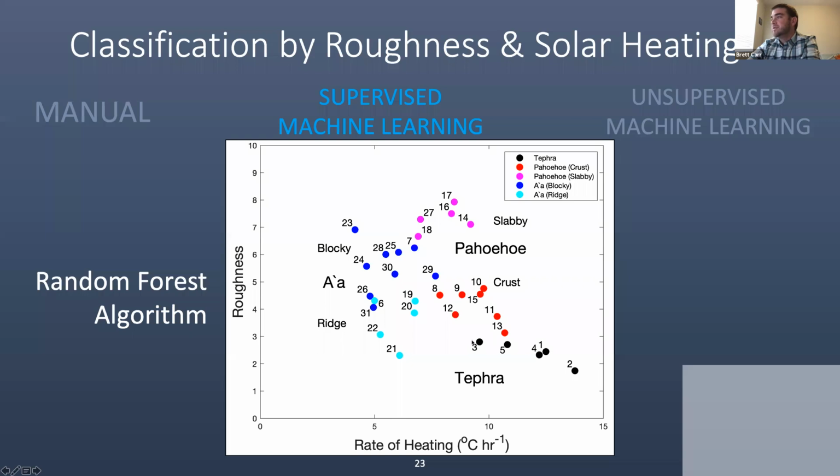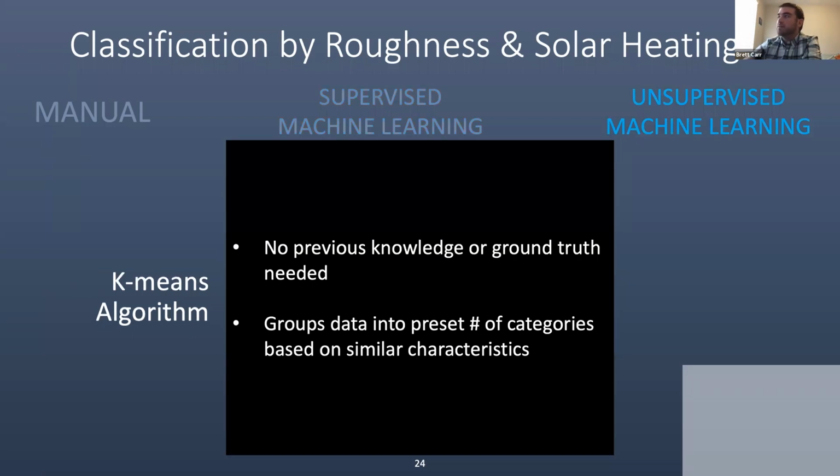And so this image is the manual classification with lines removed. In this case, the supervised machine learning just classifies based on similarities to these different clusters that are defined by our training data.